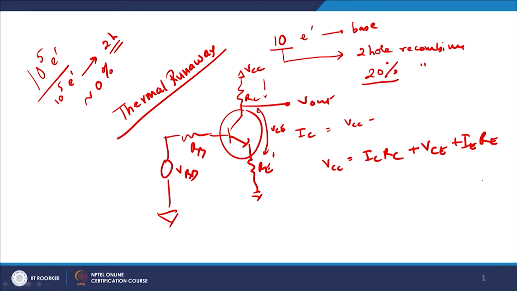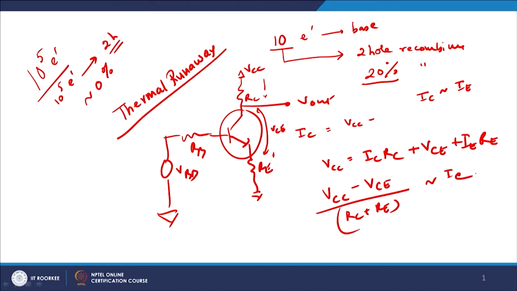Assuming that the base current is very small, I can assume that IC is approximately equal to IE, and therefore I can write (VCC minus VCE) divided by (RC plus RE) is approximately equal to IC. VCE is typically 0.2 or 0.3, and VCC will be around 3 volts.